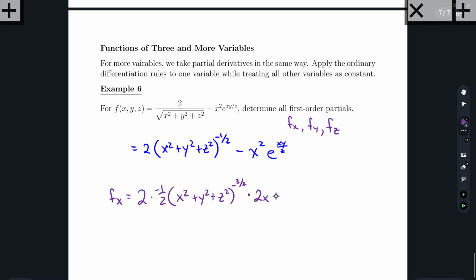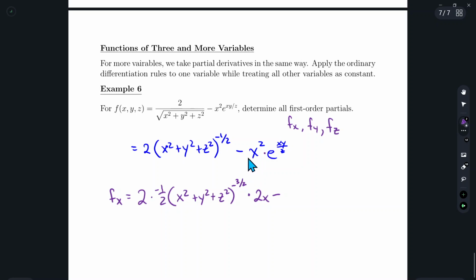And then now I have minus, here I have x squared times the exponential, and both of these contain x. So for this partial derivative, I need to do the product rule, the derivative of one part at a time.